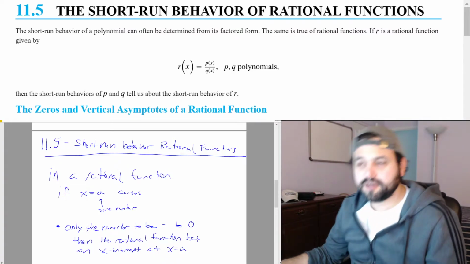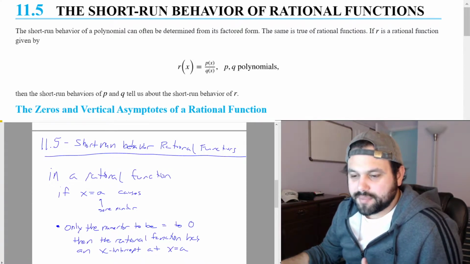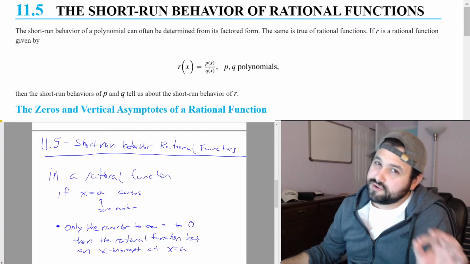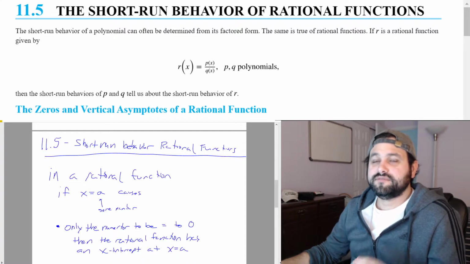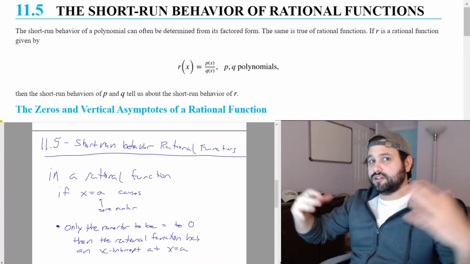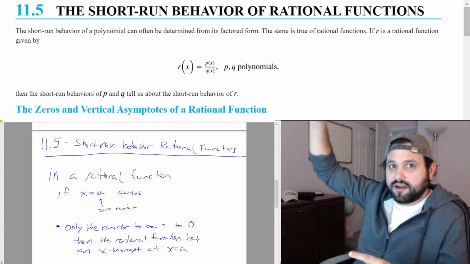Can we divide by 0? No, we can't. And when x is really close to 0, if you're dividing by a really small number, that is actually going to output a really large number. So the function's going to fly off to infinity.